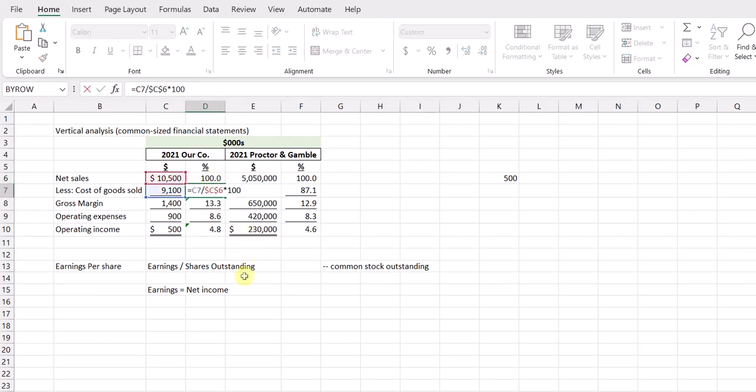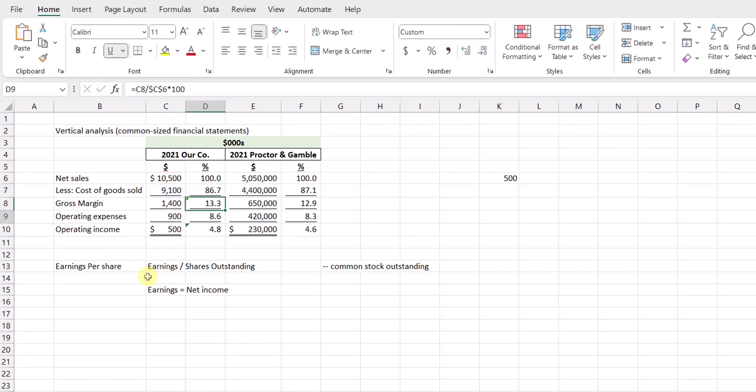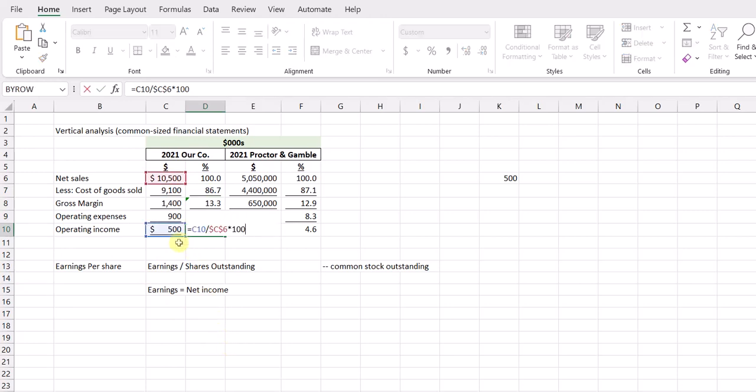So if you can see here, the value we're getting in cell D7 is the percentage of cost of goods sold, which would be the 9,100. Again, if this is in thousands, that's 9.1 million divided by 10.5 million. All right. So this 4.8% is the 500,000 of operating income divided by 10.5 million of net sales.